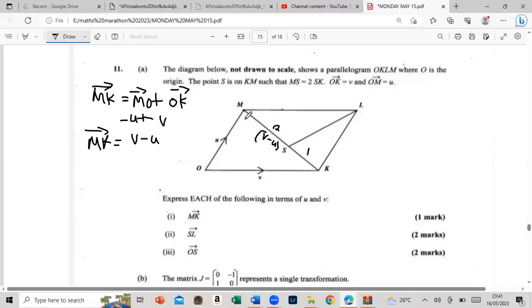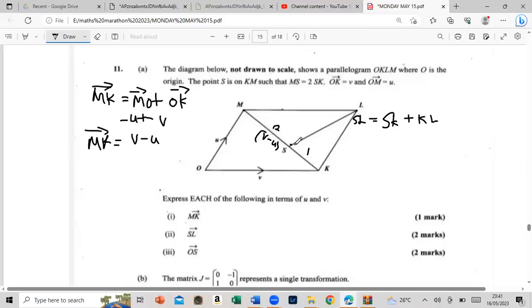I'm not sure which they want, but I'm going to go SK. So I'm here, and I want to go from here to here. Just remember we are going from S to L, and I'm going to go SK plus KL.